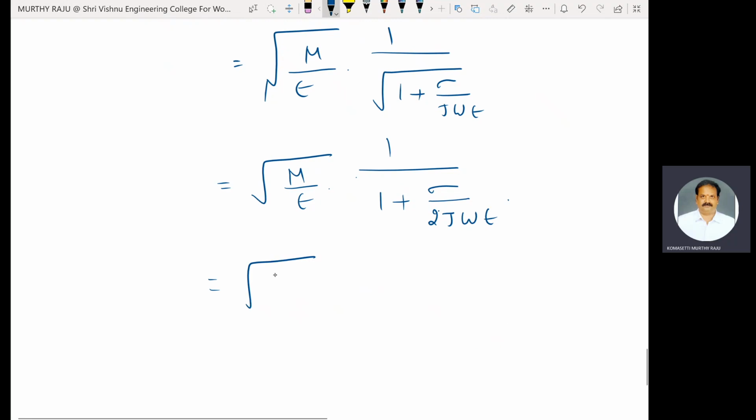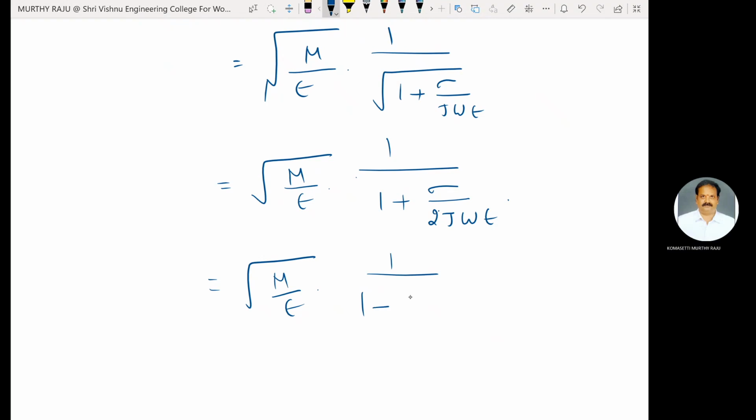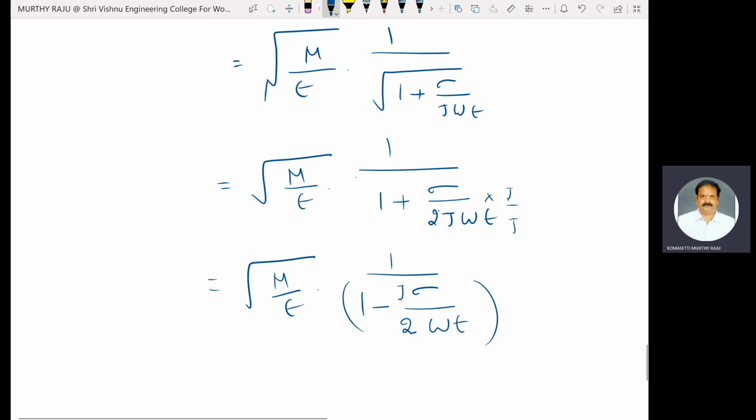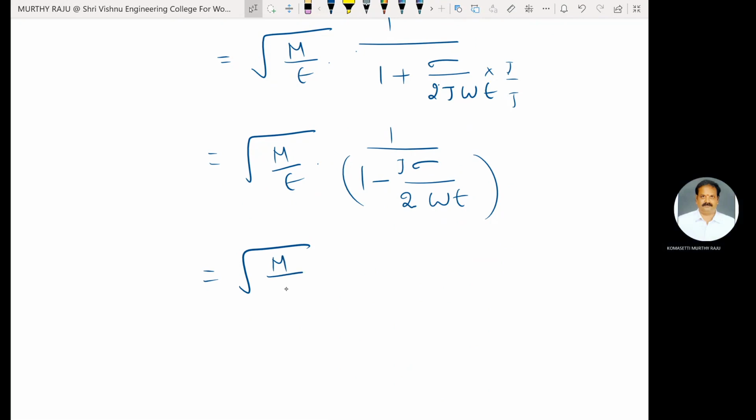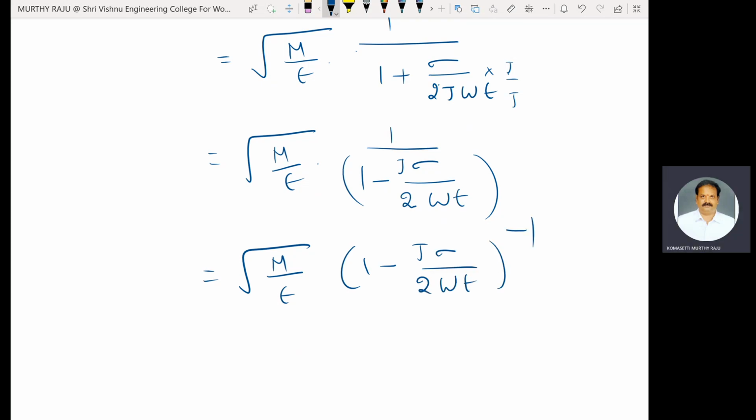That is equal to the square root of mu by epsilon times 1 by (1 minus j sigma by 2 omega epsilon), multiplying numerator and denominator by j, j square is minus 1. Therefore, that is equal to the square root of mu by epsilon times (1 minus j sigma by 2 omega epsilon) to the power minus 1.